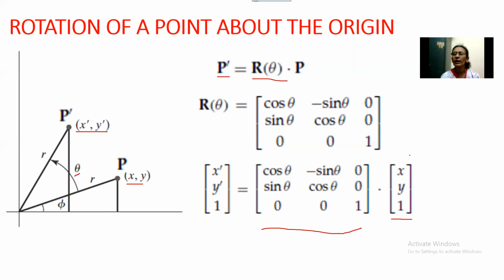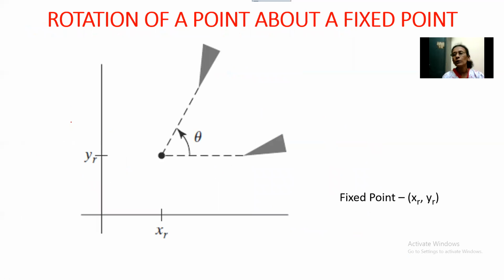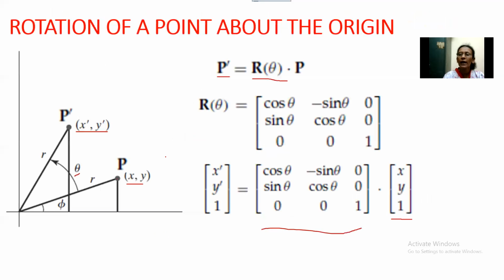If I multiply these two, I will get the rotated point P dash. In our program, I have to rotate all the 3 vertices, so I will get P1 dash, P2 dash, P3 dash, and I will draw the triangle. Now that is about rotation about origin. Now what about rotation about a fixed point? The rotation matrix that we have here is rotation about the origin.